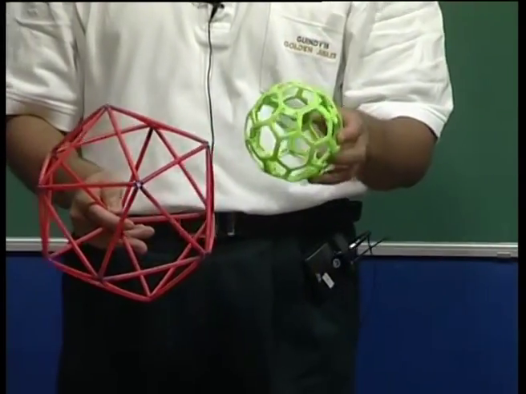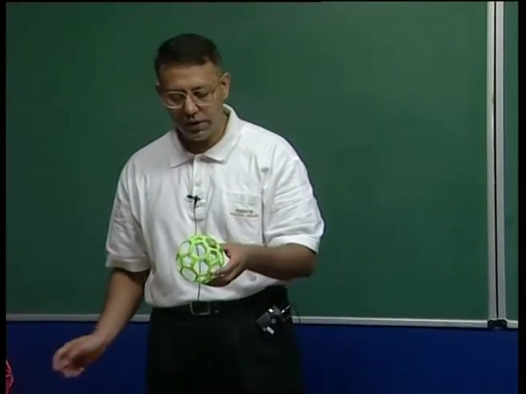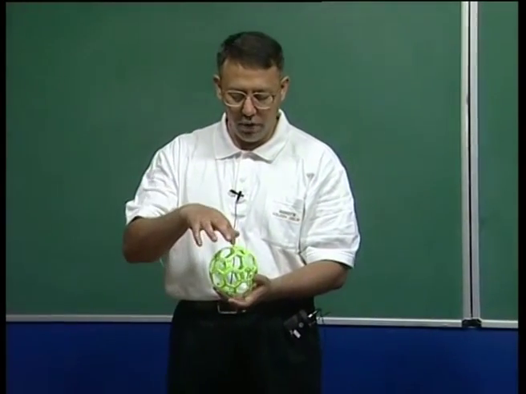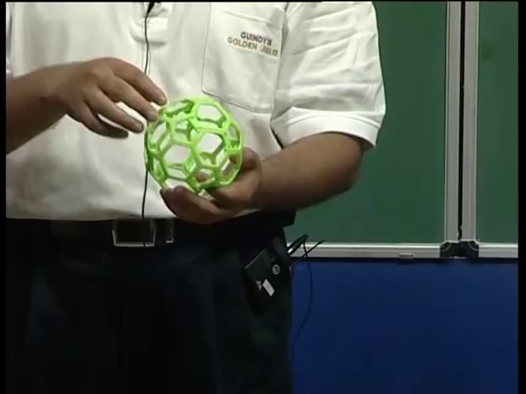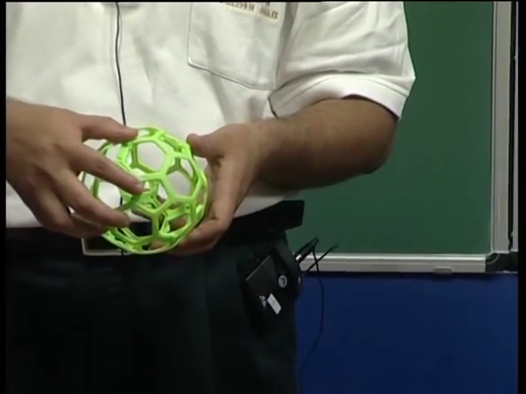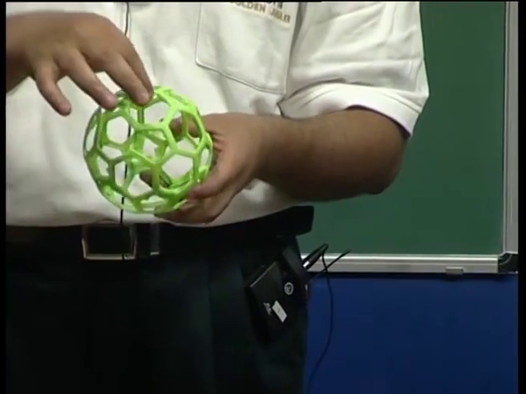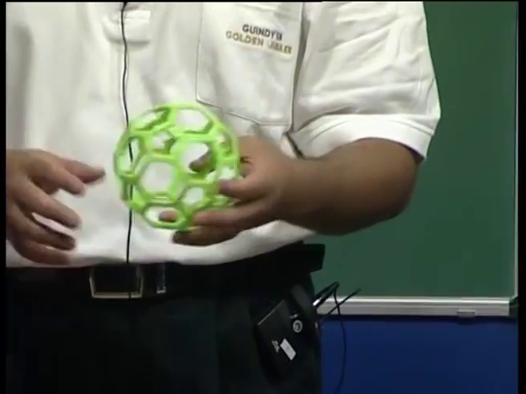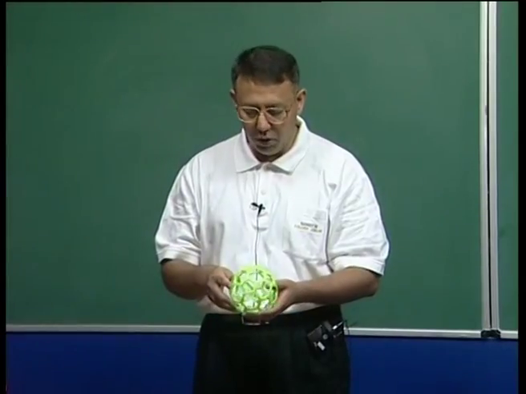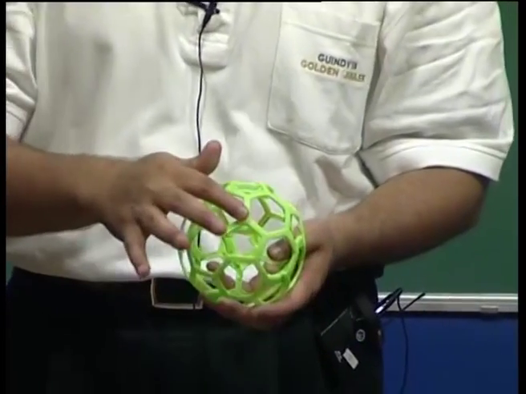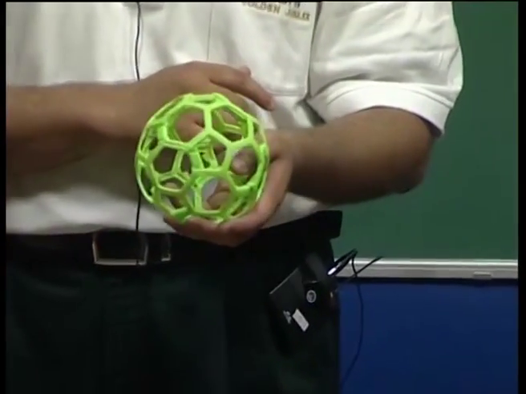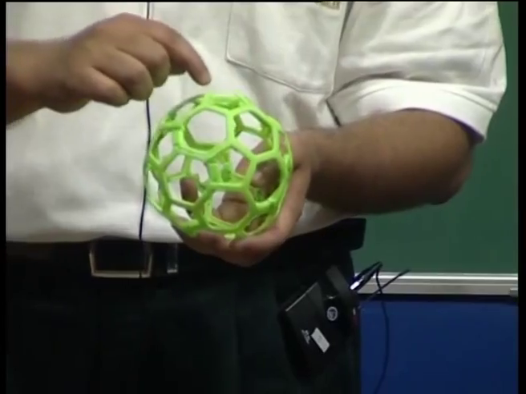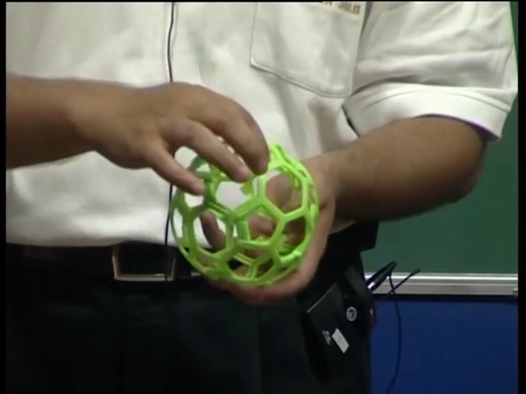This geometrical solid again has these threefold axes which pass through the top, and there are these pentagons which are seats of the fivefold axis, and of course you have the twofold axes which pass through the edges. It is important to note that these pentagons are isolated from each other by these hexagons, and as we shall see very soon, there is a particular kind of carbon-carbon bond between a hexagon and a pentagon.